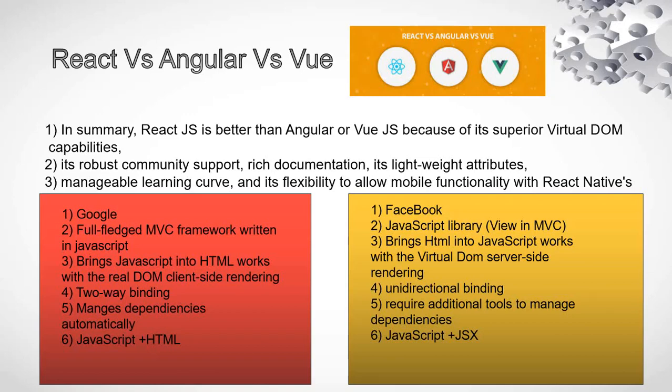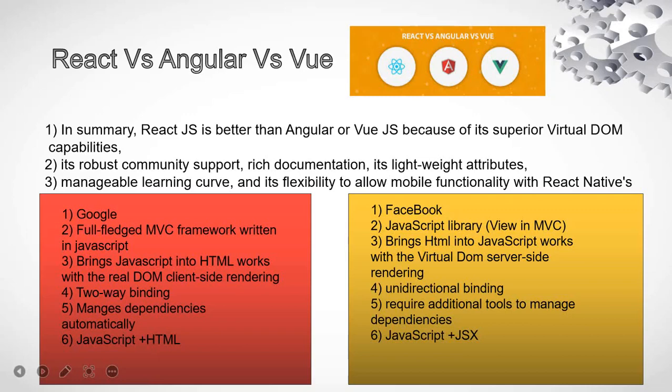I'm comparing here Angular and React. Angular is from Google, a full-fledged MVC framework written in JavaScript, and it brings JavaScript and HTML together. It works with the real DOM and client-side rendering. This is client-side rendering and real DOM.